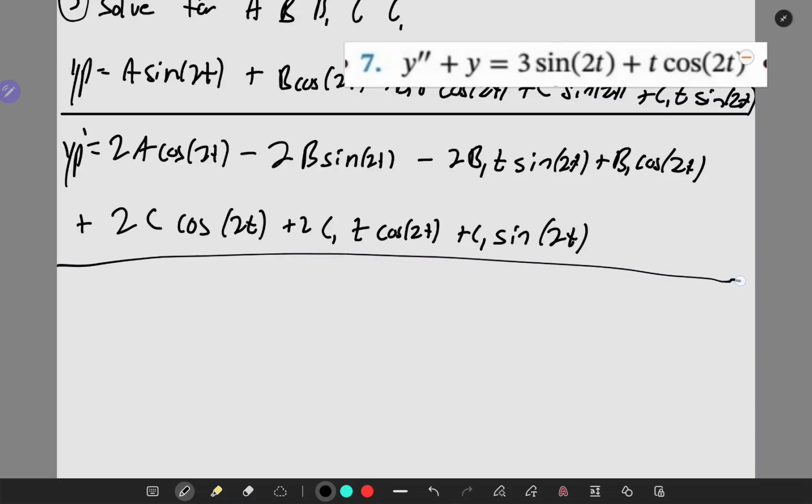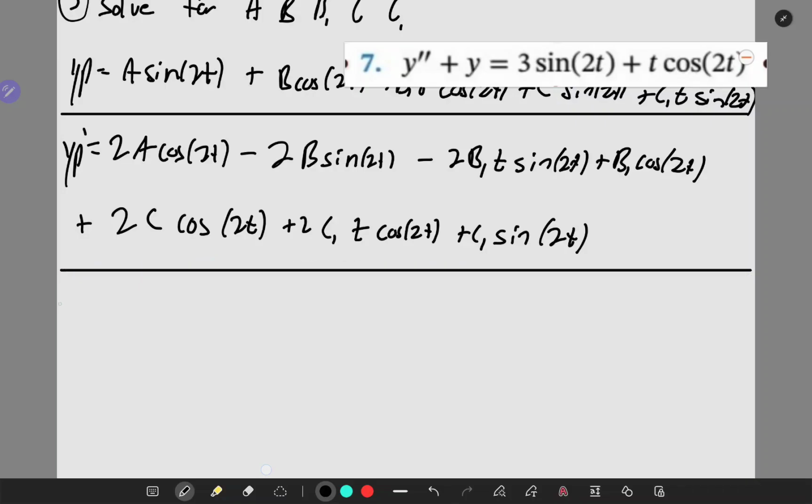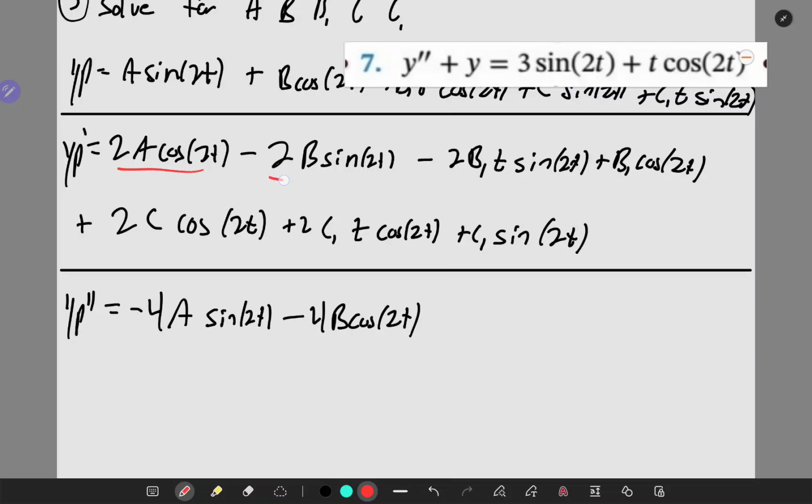So we have this one. Y of p double prime would be negative 4. Let me highlight these so I don't make any mistakes. Negative 4a sine of 2t minus 4b cosine of 2t. So I'm going to highlight the ones I did already. Yep, I agree with what I have.